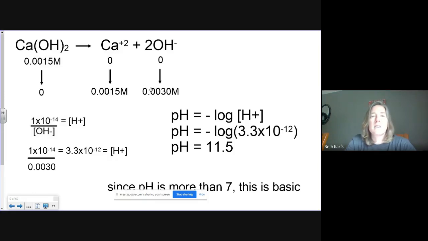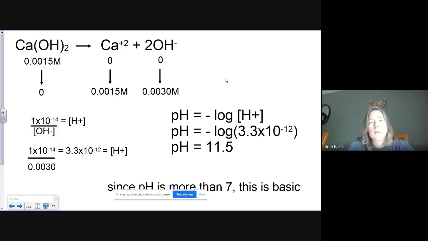I have twice the hydroxide concentration as the calcium concentration because it's a 1-to-2 ratio. If this had been, again, something like sodium hydroxide where there's just 1 hydroxide, these would be the same. So this is a little bit of a variation using a hydroxide that has 2. But being strong is what allows us to make this calculation.